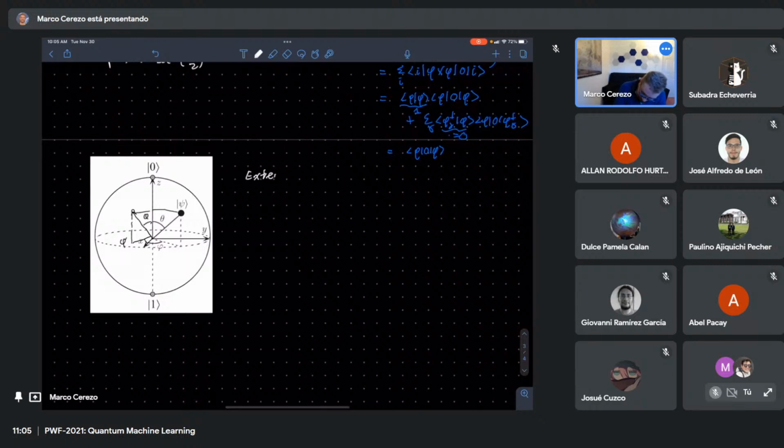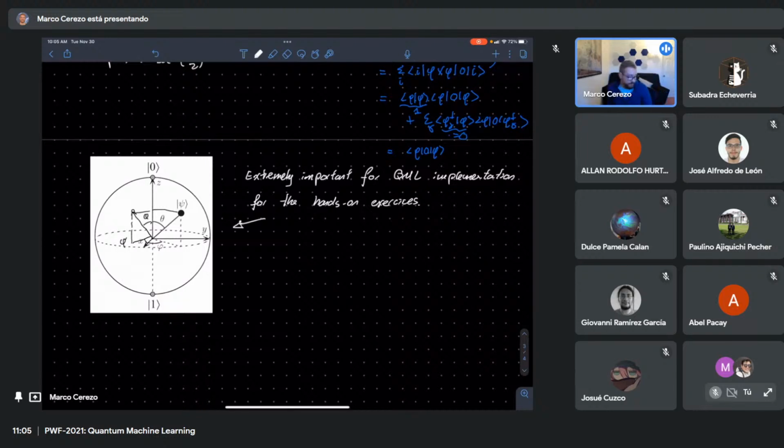Extremely important for the quantum machine learning implementation, for the hands-on course, for the hands-on exercises. So I want you to keep this intuition in mind, because we're going to use it whenever we're trying to do a classification of quantum states, right?